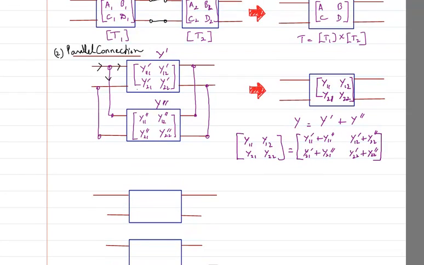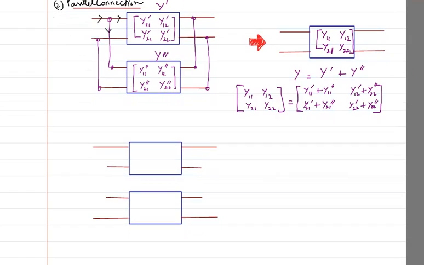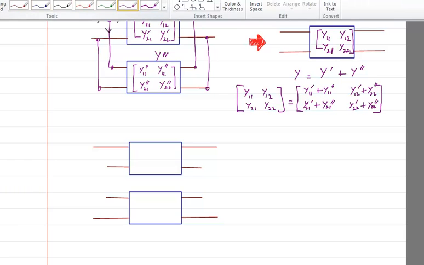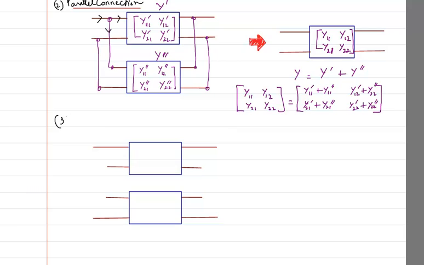And why do we call it parallel connection? Because I told you the current is getting split between two branches. Now the last is basically the series connection. So the third is series connection.